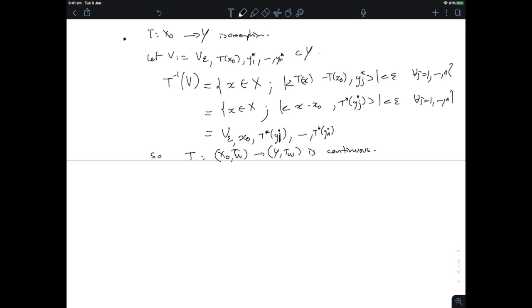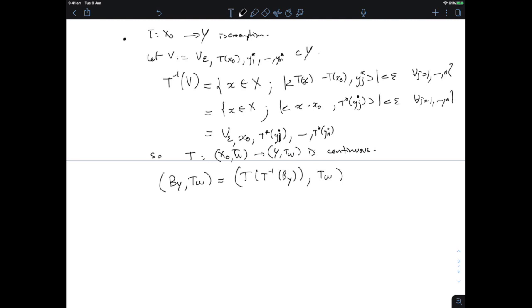And so the image by T of the unit ball of X naught, what can I say about that? Well, I can say that this is the image by T of the inverse image of the unit ball of Y, and all of that seen with respect to the weak topology.